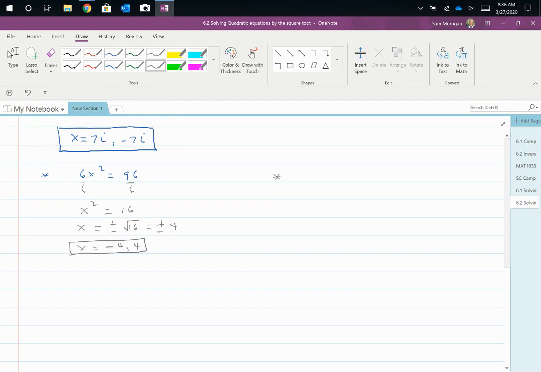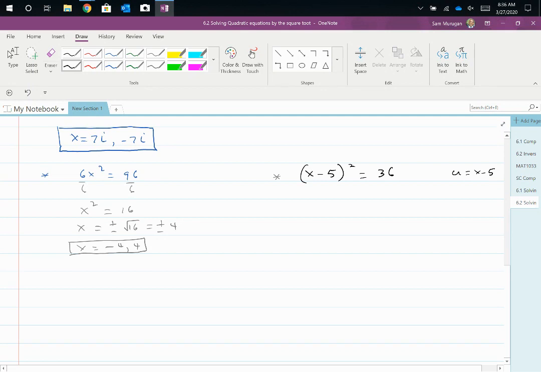Now, we want to extend this further. So if I've got, say, (x minus 5) squared equals 36, that u is now equal to x minus 5.